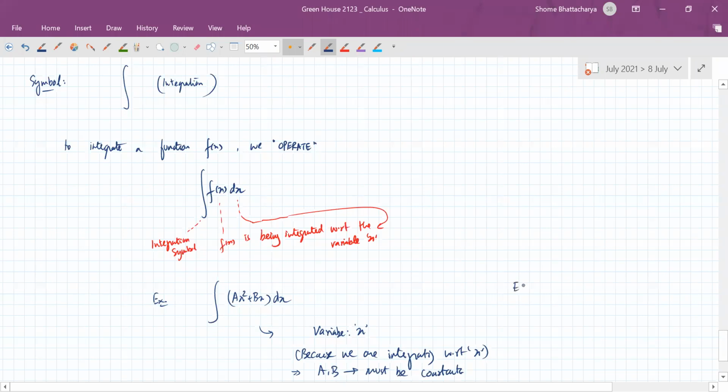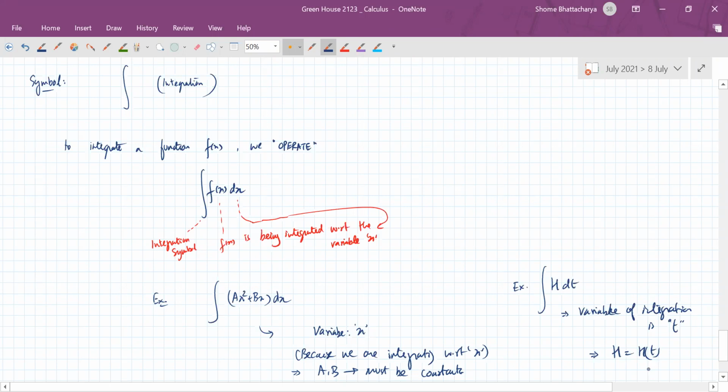But similarly, if we are integrating some quantity H with respect to the variable t, it means that the variable of integration is t. So that automatically implies that H must be some kind of function of t.